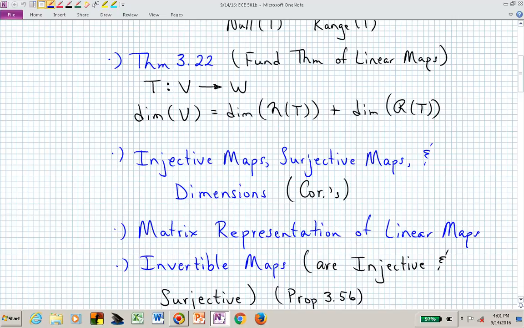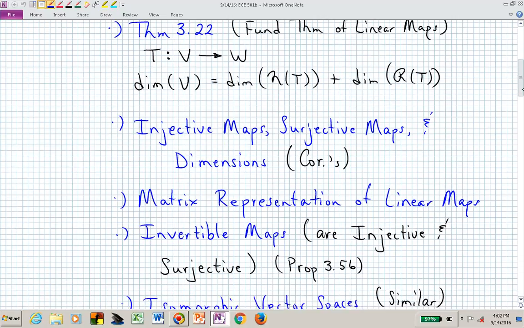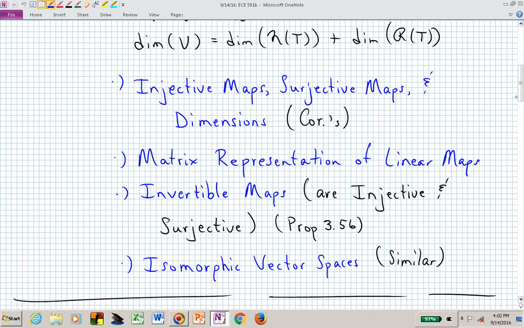So we have this relationship that's crossing between the input and output spaces, but it relates to the dimension of your input vector space V. It's a combination of the size or dimension of your null space and the size or dimension of your range space. That leads us into some corollaries related to injective maps, surjective maps, and dimensions.